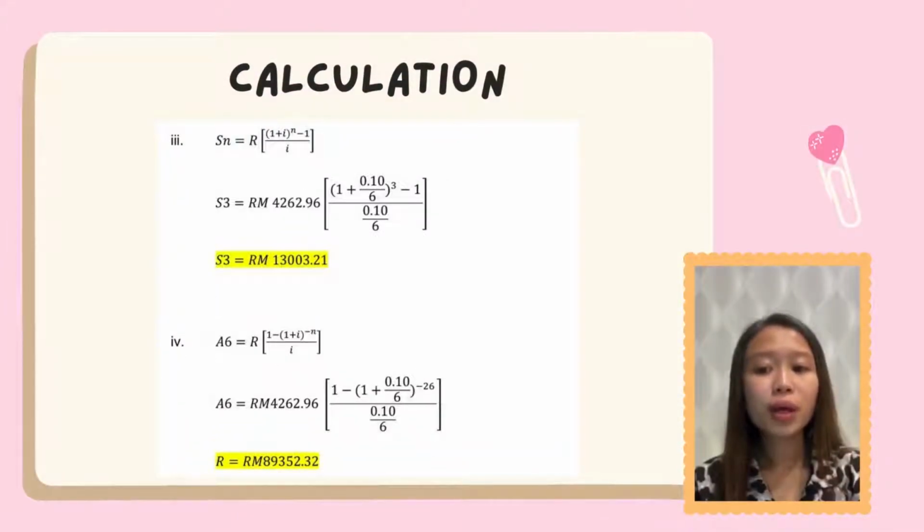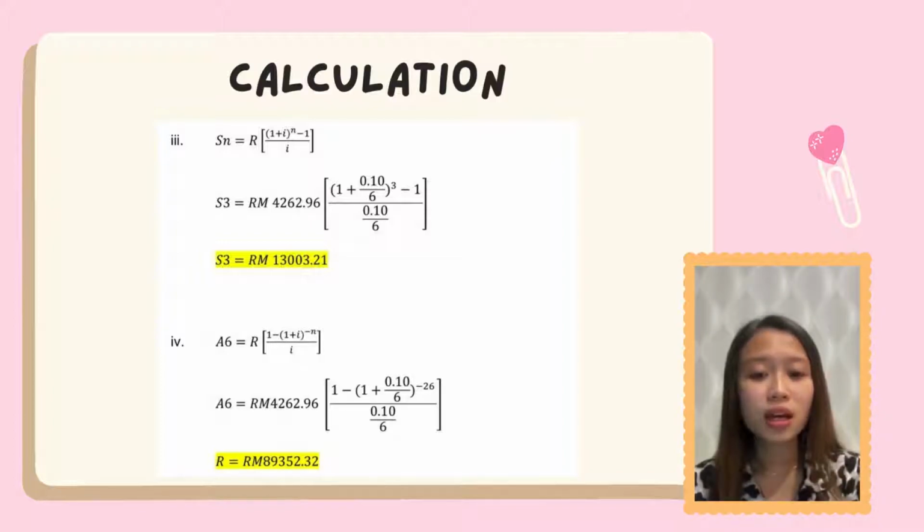Question 3 is a special case of missing a few payments. Since the rate of late payment penalty is given, we can calculate the up-to-date latest payment. This special case question will be using the future value formula, and the number of unpaid payments is 3. So the formula is S_n equals R in bracket 1 plus i to the power of n minus 1, over i.